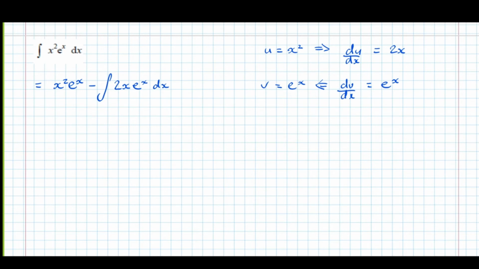And we're not yet ready to be able to do this. The integral of 2x e to the x isn't readily doable. We need to do something extra. And actually, the thing you've got to notice is that this is integration by parts again, so we need to do another integration by parts.